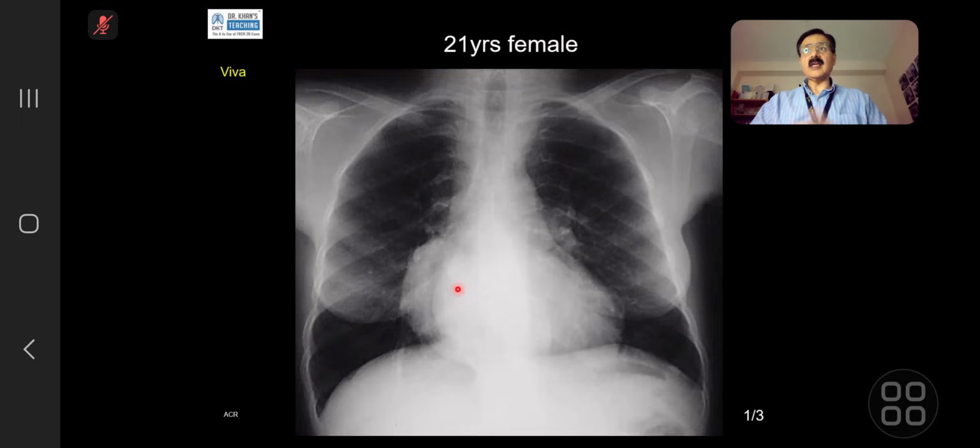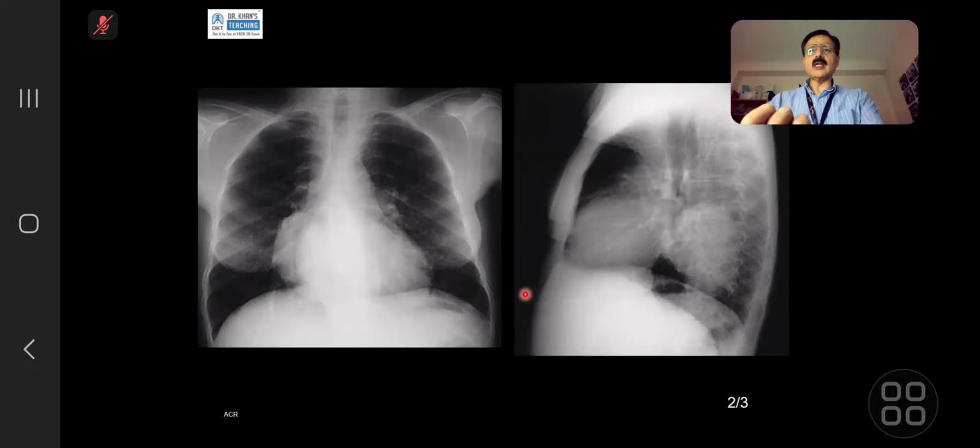But in the exam, if you don't pick this finding up, you are looking at a paravertebral mass. So they can still show you a lateral chest X-ray. Please remember this.